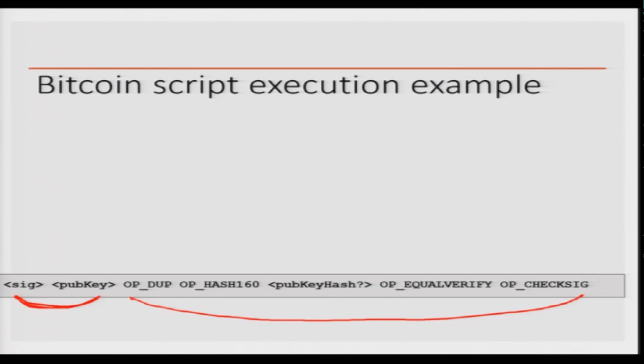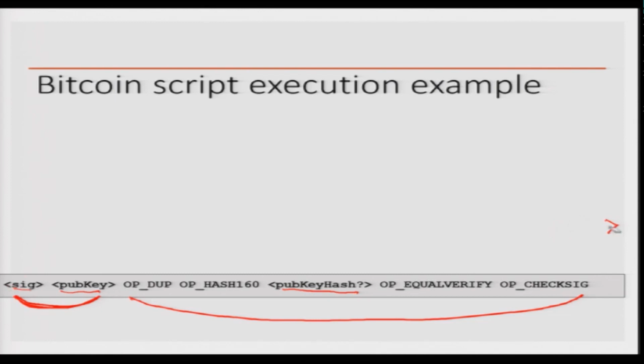Things that are expressed with the angular brackets are data, because this is just a prototype example, so we do not have real data here. In the actual case, there will be a signature and a public key, which will be data, and the rest are instructions. So, whenever we see these angular brackets, those are data.